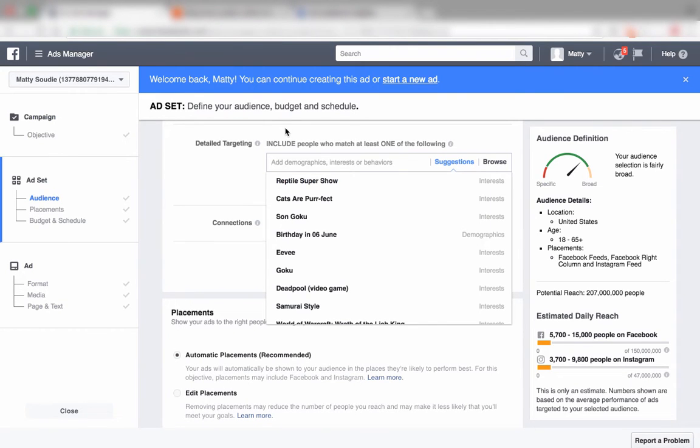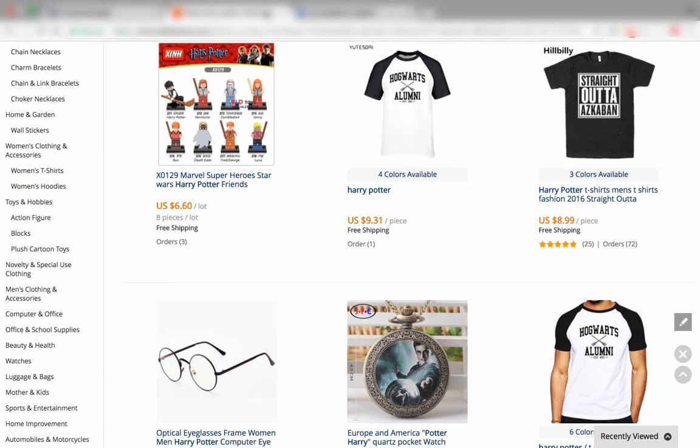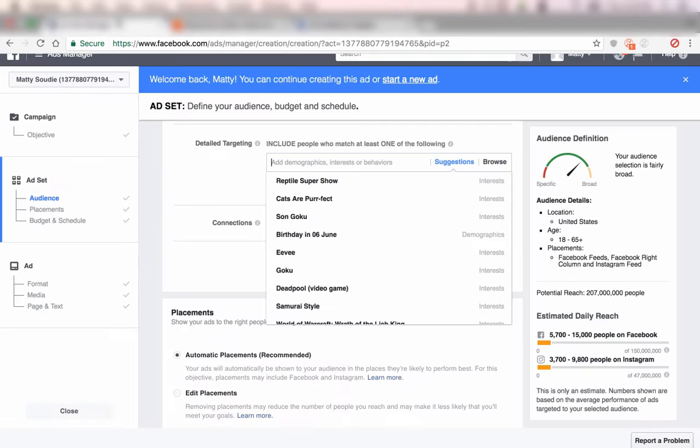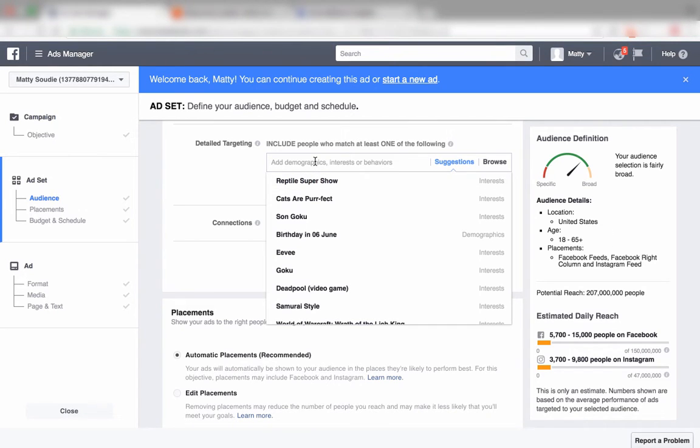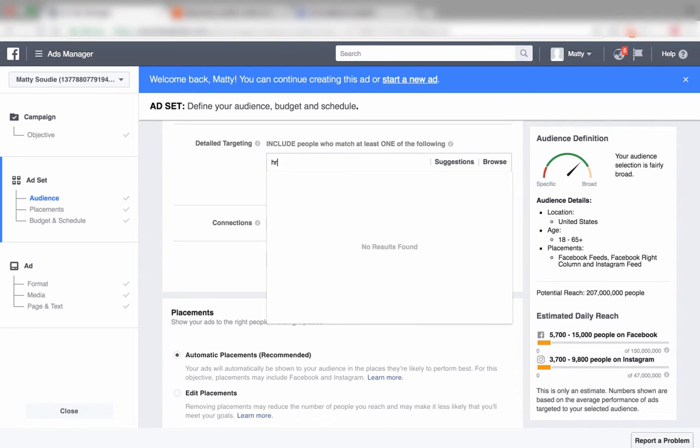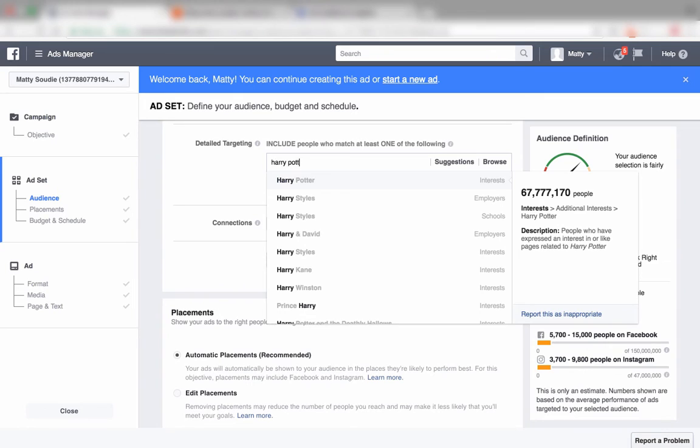So if you were to go to Facebook ads, say we're trying to sell any of these products. We want to target Harry Potter fanatics, not Harry Potter fans, people that obsess about this stuff. If it was your first or second campaign, you don't really have much direction, you'd probably type in something like Harry Potter, or Harry Potter film series.